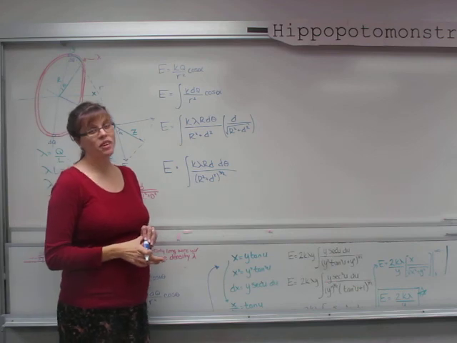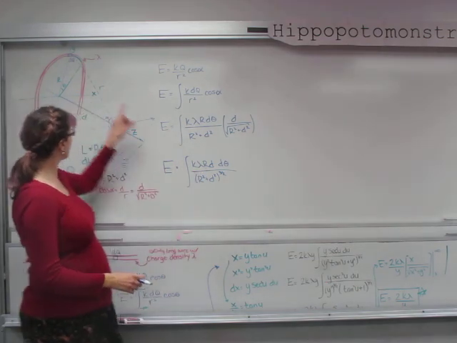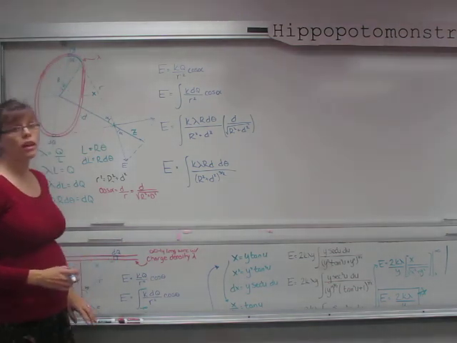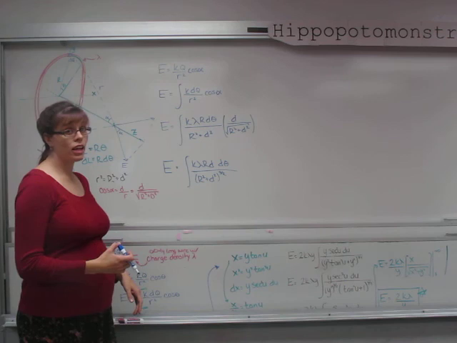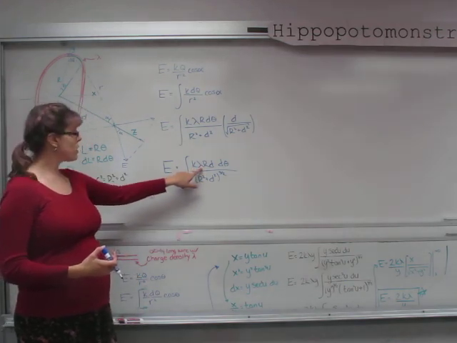Now this is where it becomes so much nicer than the line integral. R is a constant, the radius of the ring is constant. D, the distance away from the center that we're looking to find the electric field, is also constant. K is constant and lambda is constant.